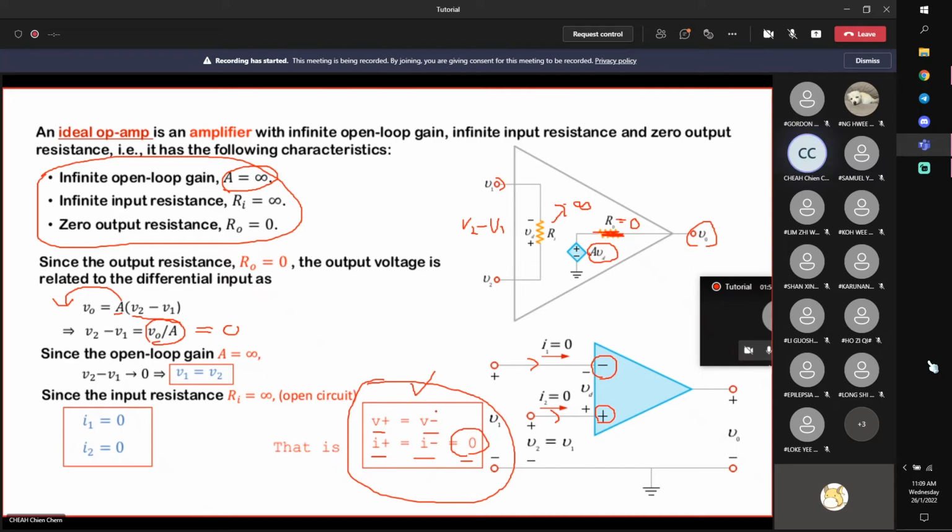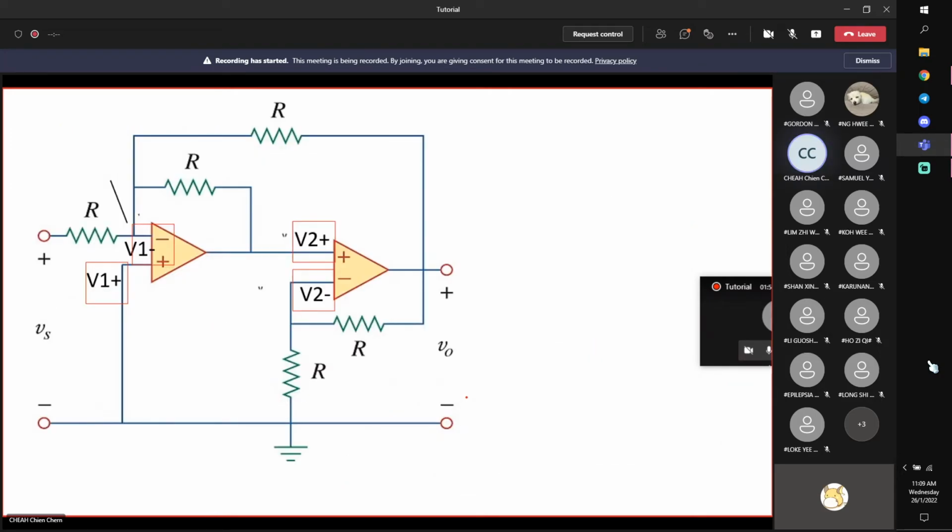If you impose this property on your circuits, then you can solve it easily, because it gives you the information about the current and the voltage of this op-amp. Now in circuit analysis, if there is anything you do not know, you assign a variable there. Here we have two op-amps, op-amp 1 and op-amp 2, so we need to differentiate them. I put this as V1 minus, op-amp 1 negative terminal, and this as V1 plus, op-amp 1 positive terminal.